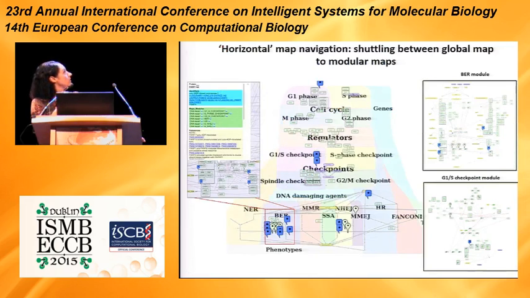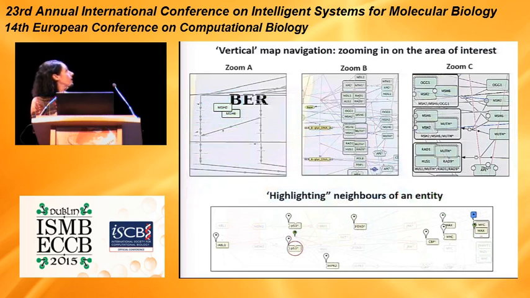Horizontal map navigation is shuttling between the global map and modular maps, like in this example, and following the entity of interest, which will be marked by markers, as in Google, while also observing the annotation of the entity, with many hyperlinks to other resources where extended information on the entity of interest can be retrieved.